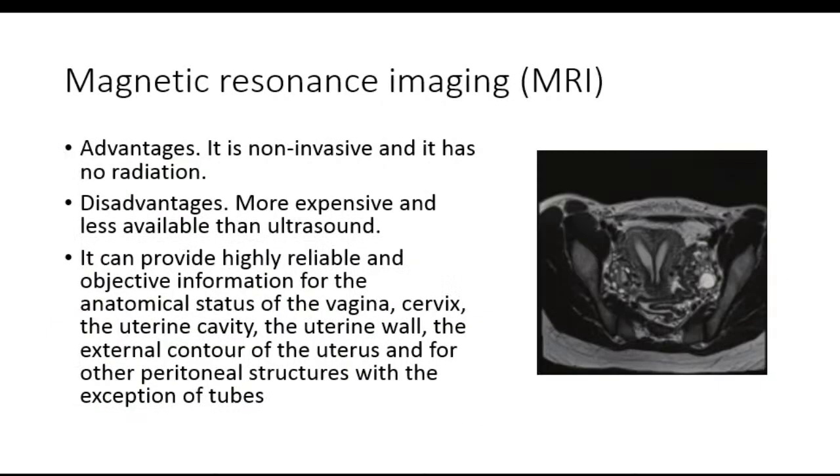MRI, magnetic resonance imaging, is non-invasive and non-radiative. It has of course some disadvantages. It's very expensive. It's not available in every hospital. Maybe not every hospital has experienced radiologists who can explain the results of the MRI, but still it's very reliable for detecting abnormalities of the genital organs.